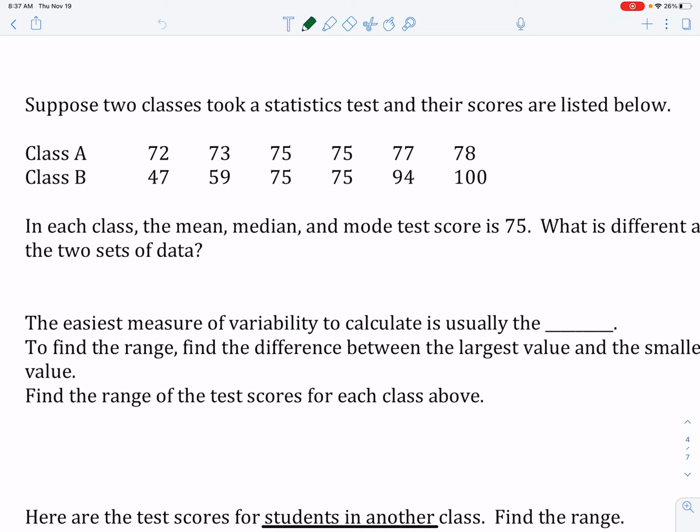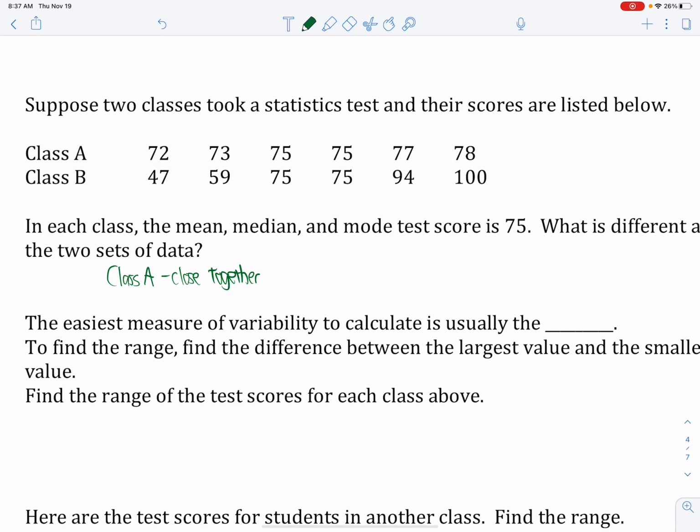So if you just look at the measures of center, that can leave out a lot of information, because those two classes had all the same measures of center, but there's definitely some important differences between the two sets of data. If you look at class A, everybody got a C. All of the data values there are close together.